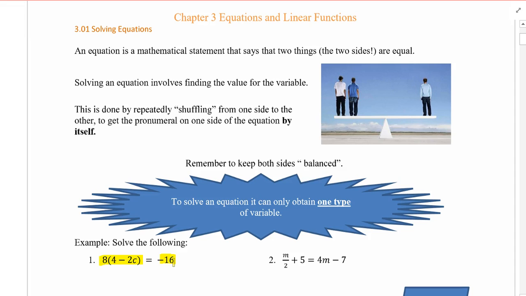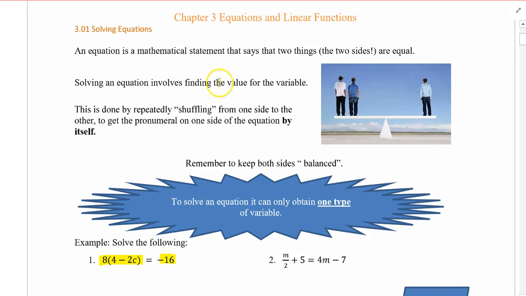It's just a number. So we've got some algebraic terms, which we would have to have, and we've got what we will refer to as constants. 16 is a constant because it can't ever be anything else other than, in this case, negative 16, whereas C is a variable. It can vary, and it will change value depending on what the statement is that it belongs to.